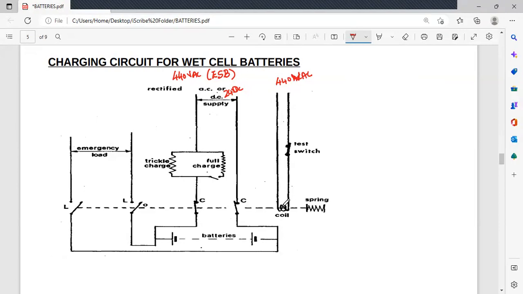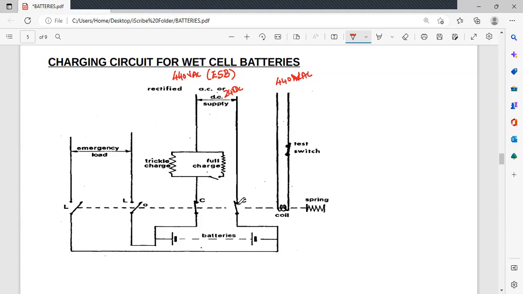And what is this coil doing? Once it is energized, its core gets magnetized against a spring, and it holds that core, which is connected to two sets of switches. In the energized position, it keeps both these switches closed and these two switches open.